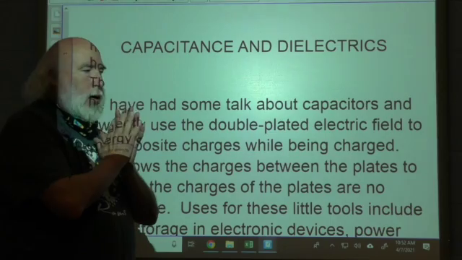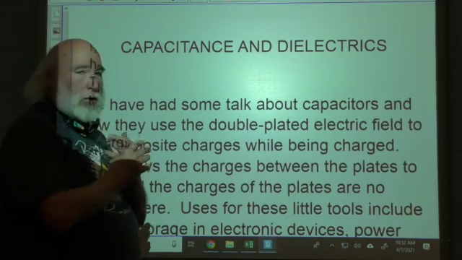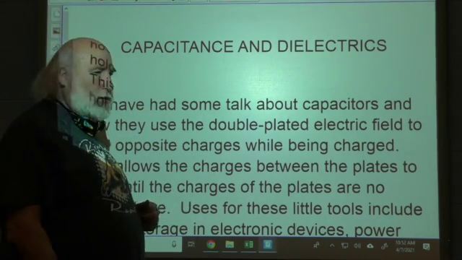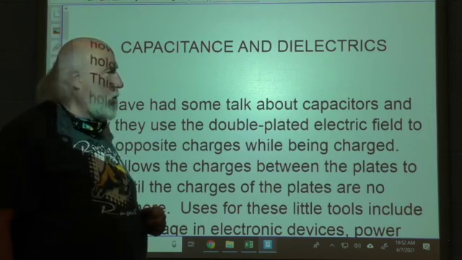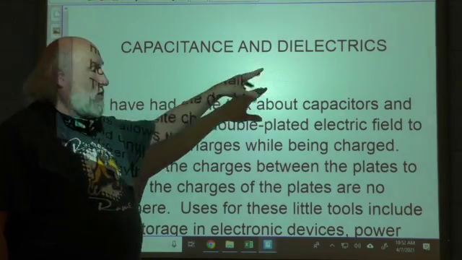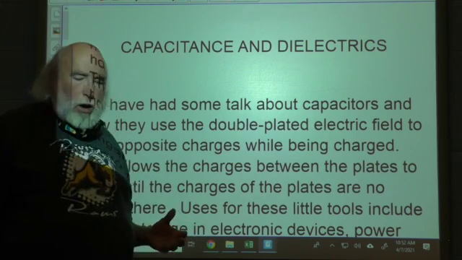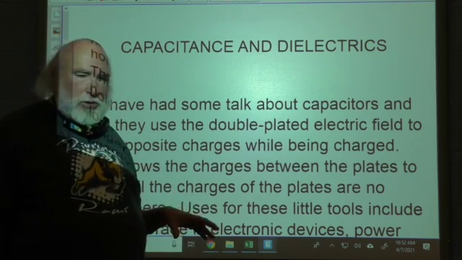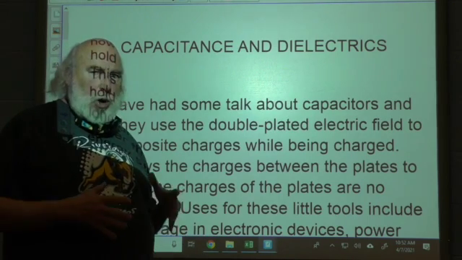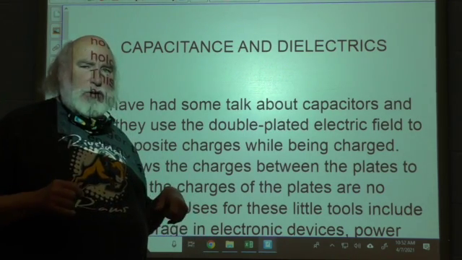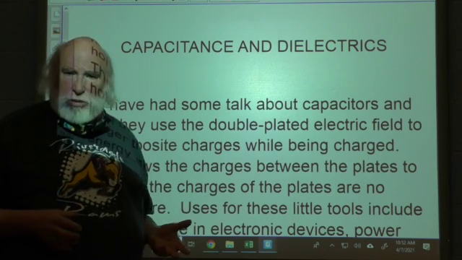Okay, the last section for our static electricity discussions deals with capacitance and dielectrics. Capacitors are little mechanisms that are put into an electronic structure to hold charge after the circuit is closed off.